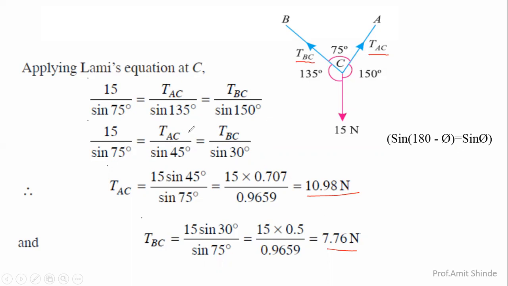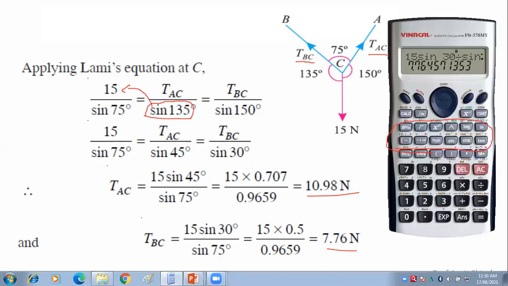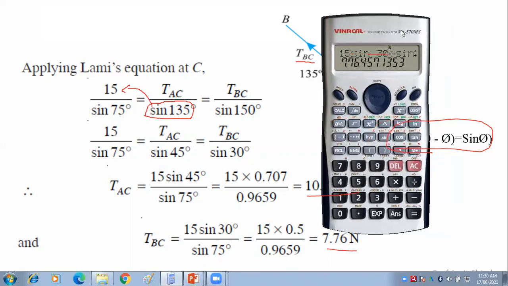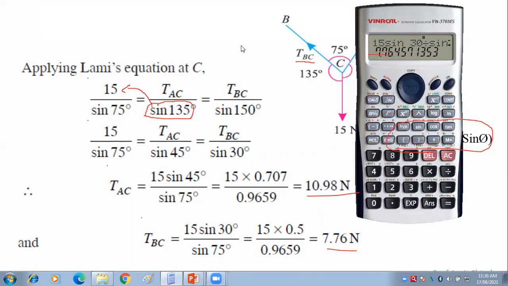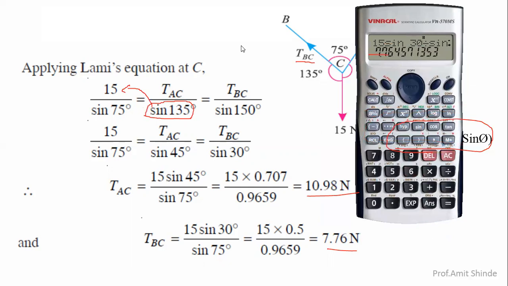If you have some confusion, instead of using all these sine 180 minus theta terms, you may take this value as it is. Your answer will be the same. You may take this term as it is. Now let us check it out. If we take this sine 135 as it is to this side, what will happen?